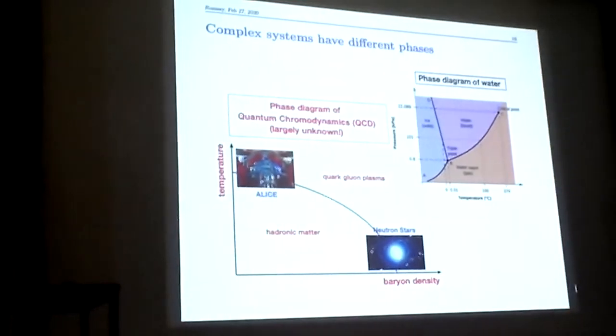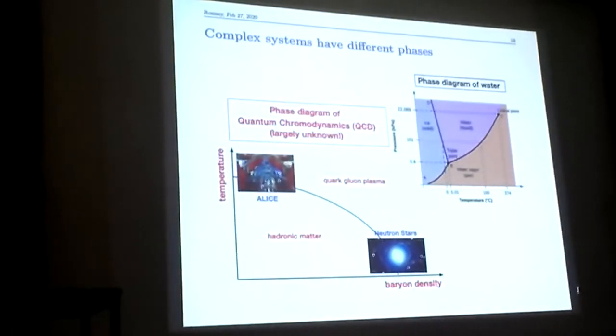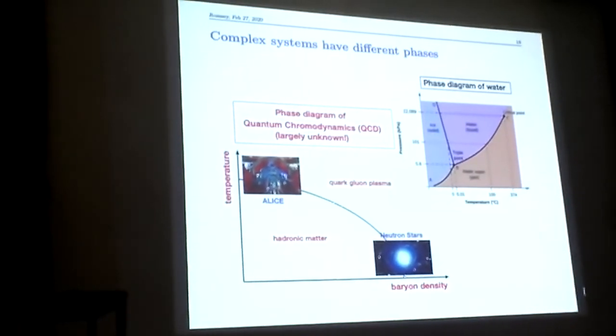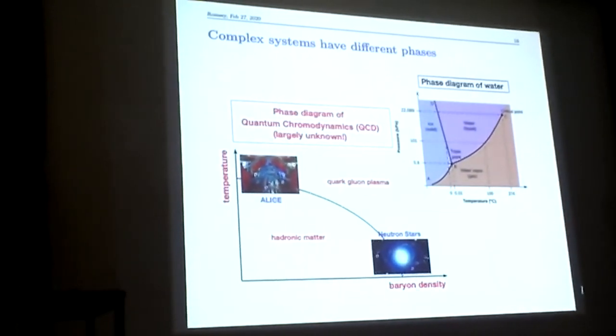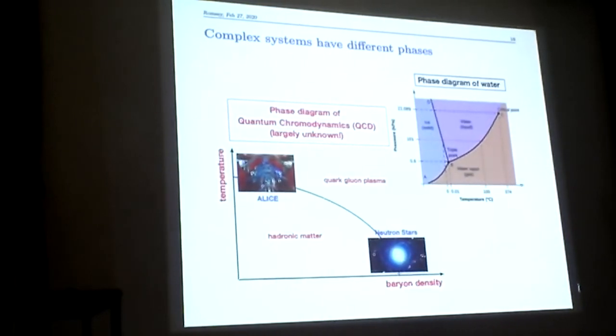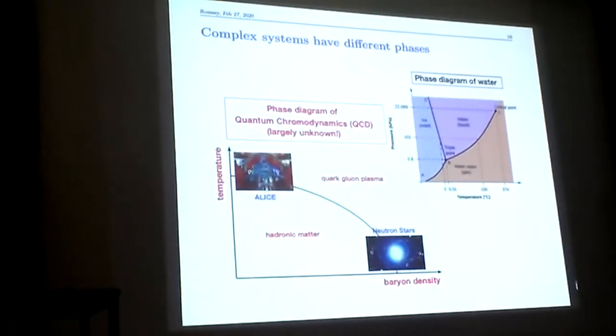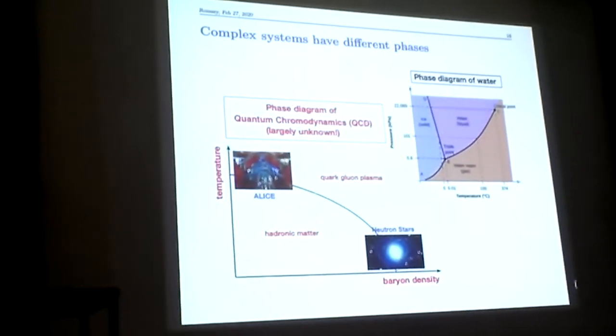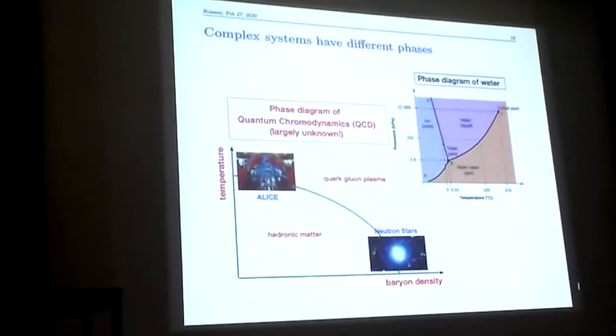All right, so to further explain these complex systems and the questions we have in current research, let me make the comparison to the phase diagram of water. Right? So this is something probably everybody can relate to. You might not have seen this phase diagram, but you know that at atmospheric pressure, if you increase the temperature, you start from ice at very cold temperatures, then you've got liquid water, and then you've got water vapor at some point, right?